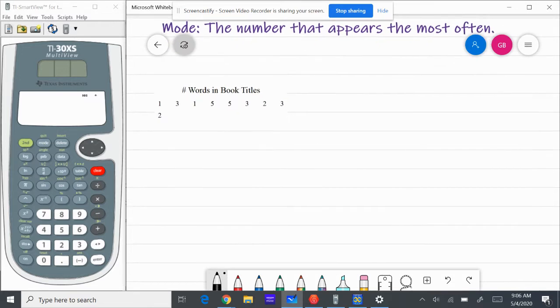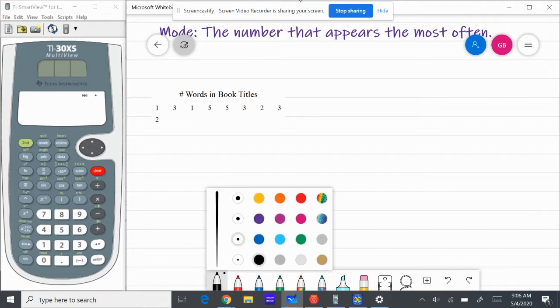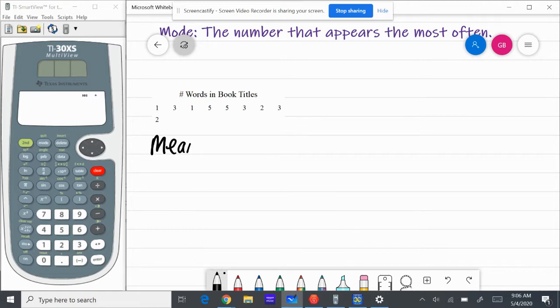So in this first example, we're given the number of words in book titles. So to find the mean, we need to add all the numbers up and divide it by how many numbers there are.